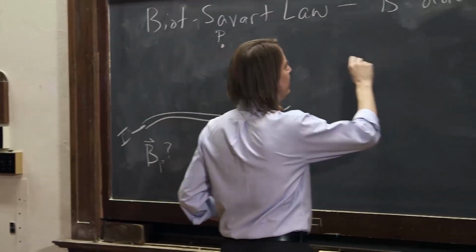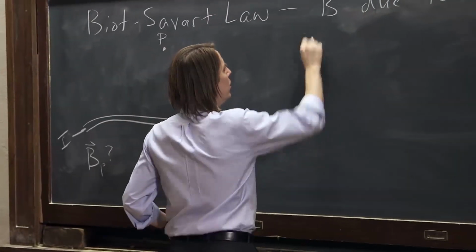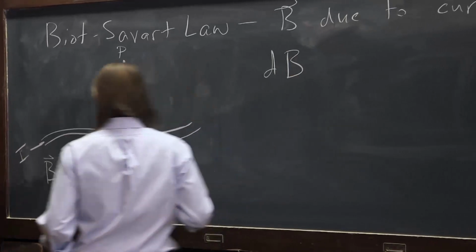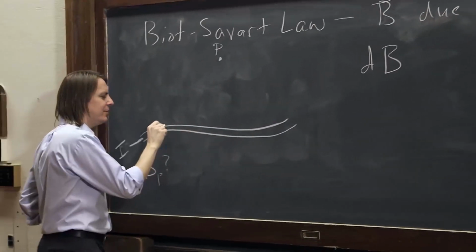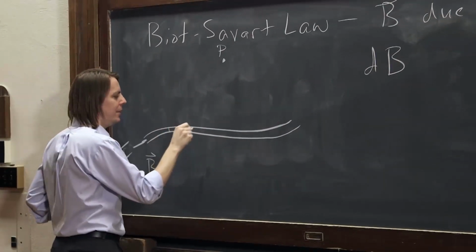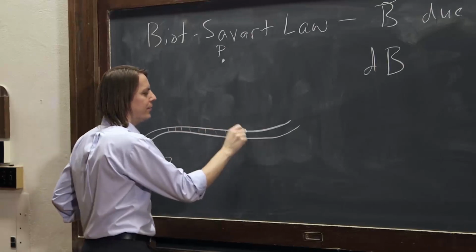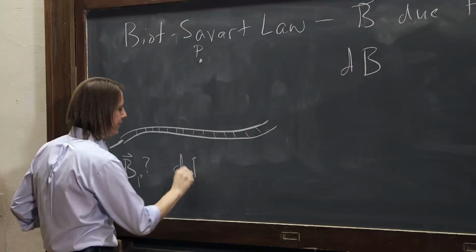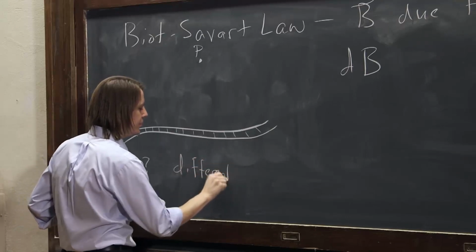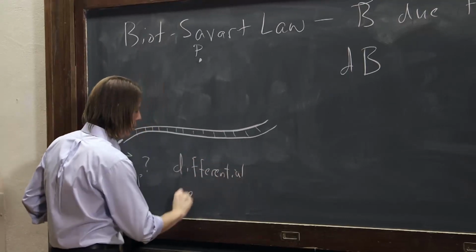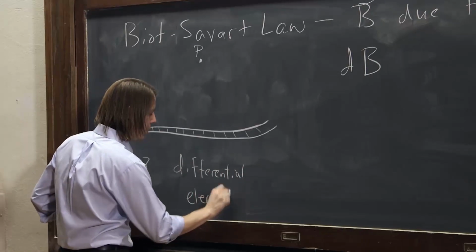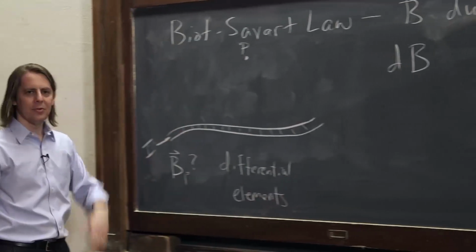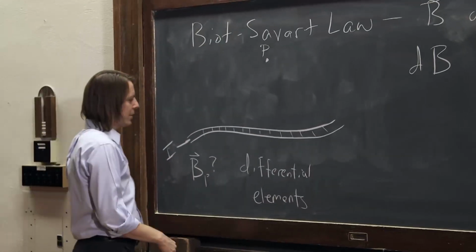So let's do that. So Biot Savart would say then that you have to think about a little piece of the wire. You have to divide it up into little imaginary differential elements. So remember these things. Differential elements are just imaginary little chunks. And when we're thinking about these little things, then you can treat it like a point current.